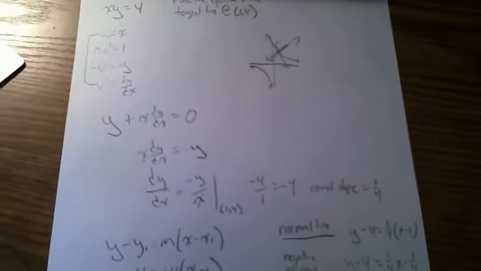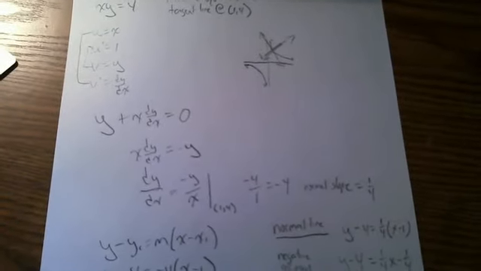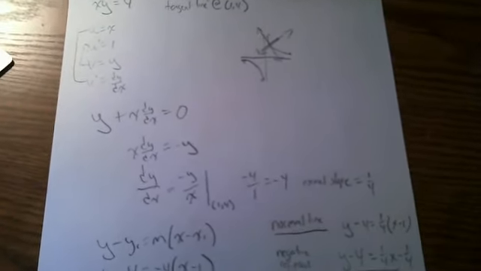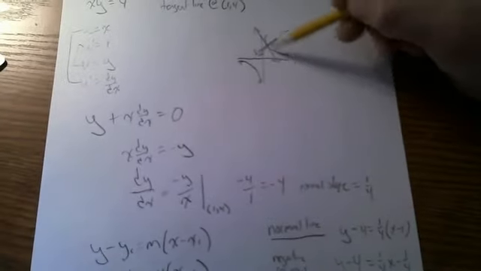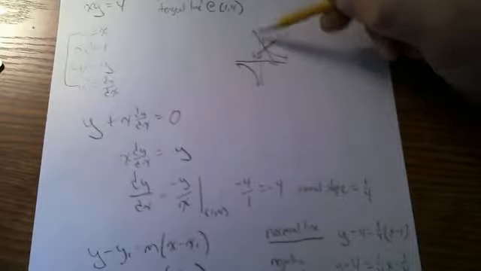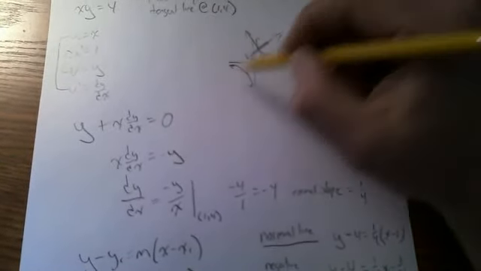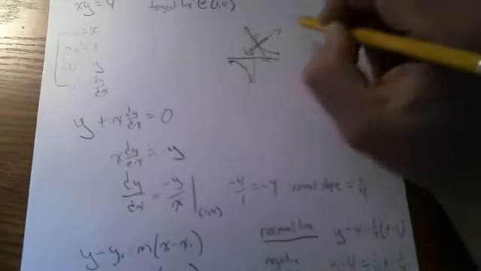Normal lines are important for optometry, I guess it is, for eyes, for how the light enters an eyeball. So if you could see this inverse variation hyperbola here, that does model an eyeball a bit. So it's important for glasses and things like that to make sure the light is entering at a right angle.